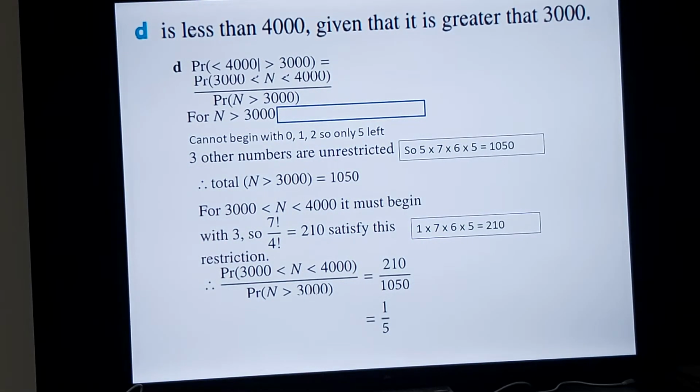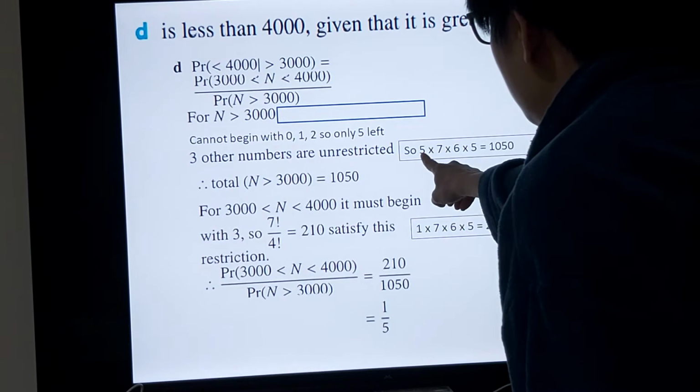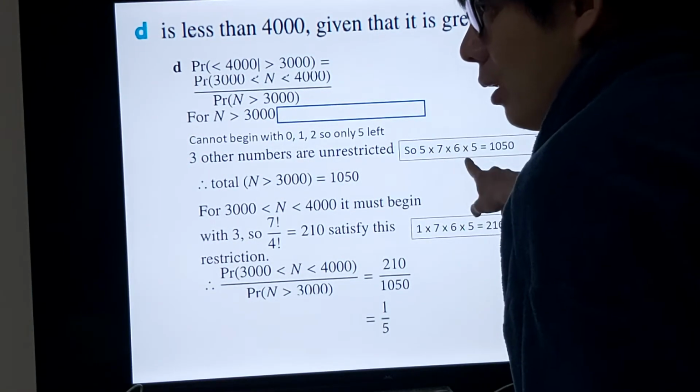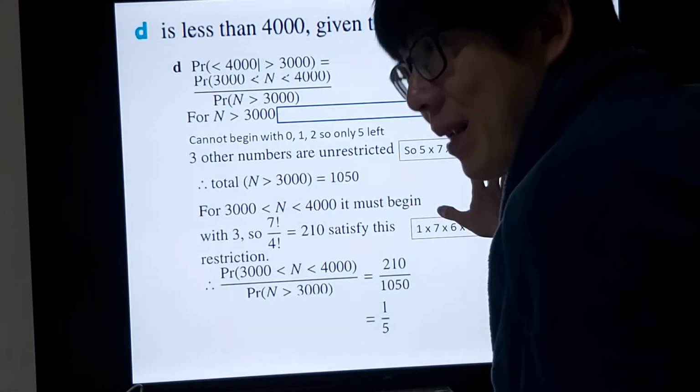For the number of samples that are greater than 3,000, it cannot begin with 0, 1, or 2. So that leaves only 5 more choices. After that, the second, third, and fourth digits don't really matter.